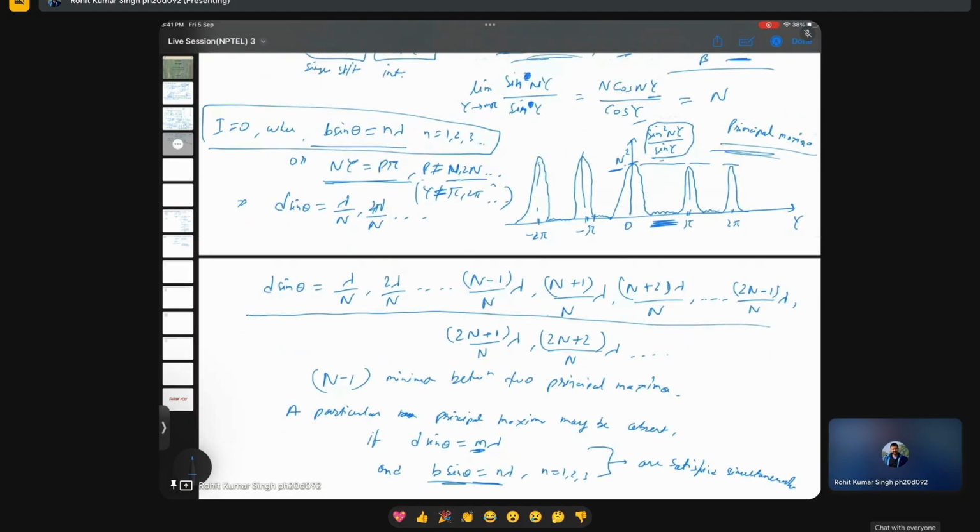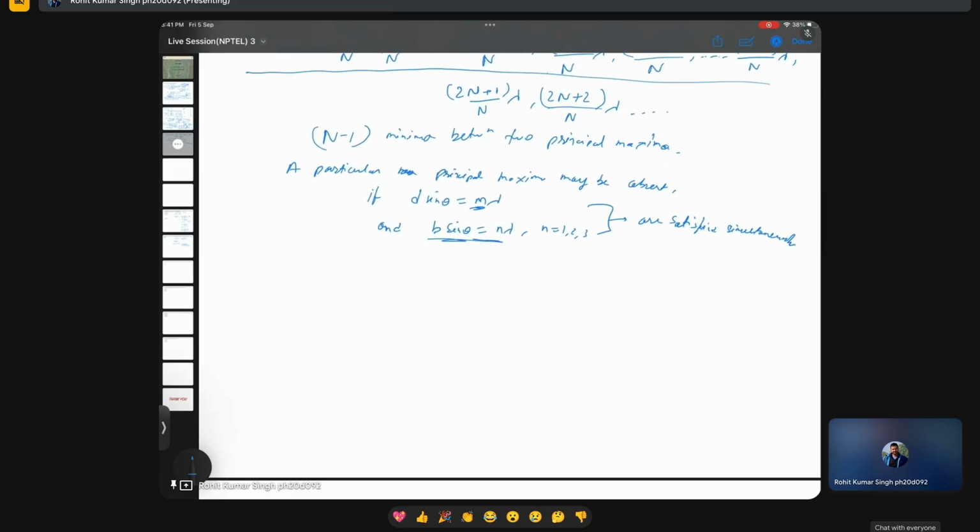Now, what about the angular width of this principal maxima? Like we calculated fringe width in the case of Young's double slit experiment, likewise we can calculate the angular width of this principal maxima.